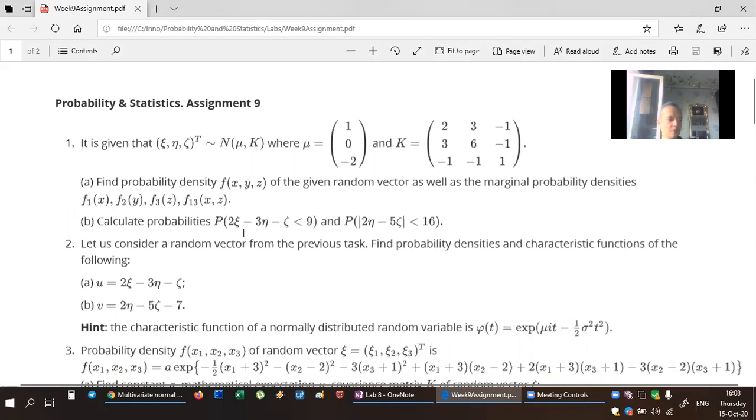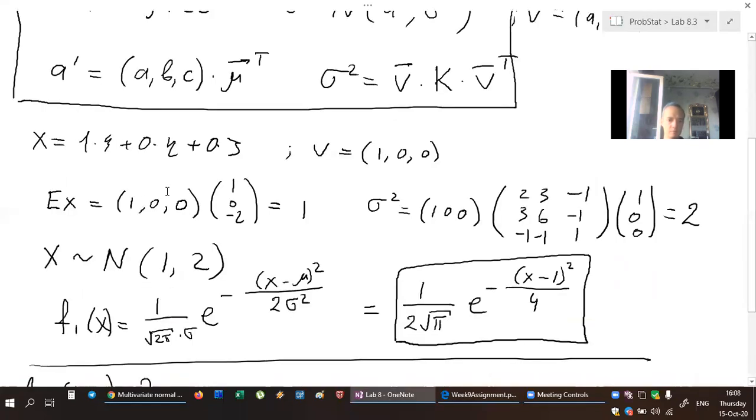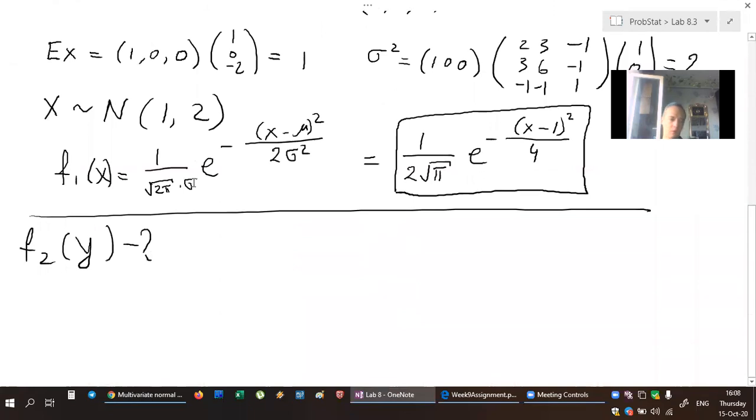So this vector we get after we make a linear combination. And for the f2 here in 1a, we need to make such a linear combination that we have only y. So in this case, it will be (0, 1, 0), right? It will be 0 multiplied by xi plus 1 multiplied by eta plus 0 multiplied by zeta.